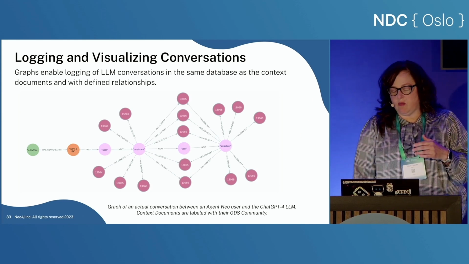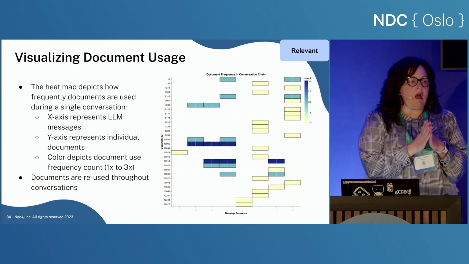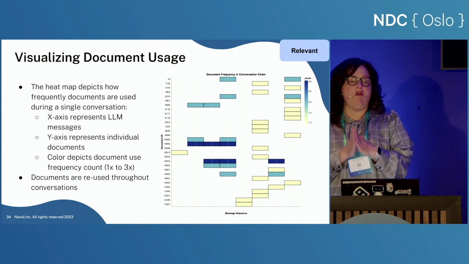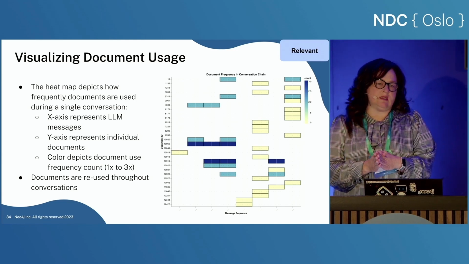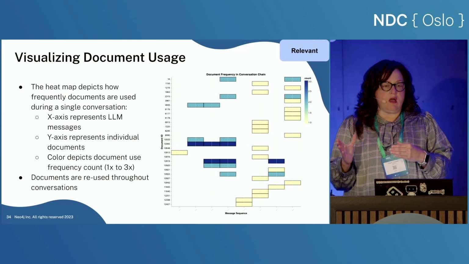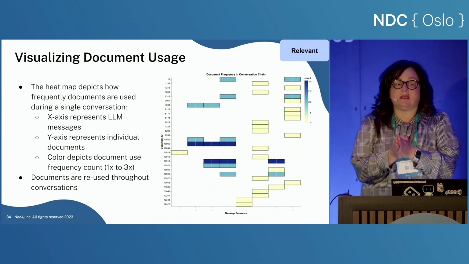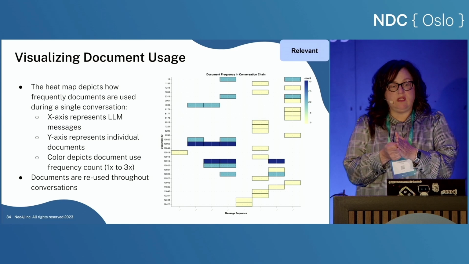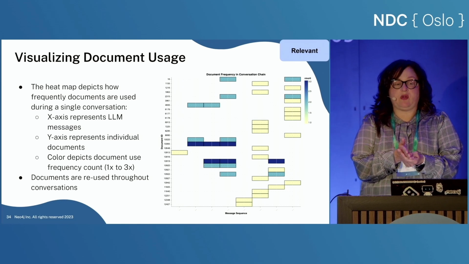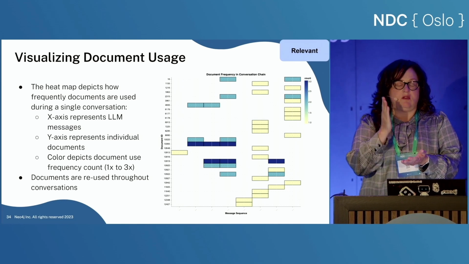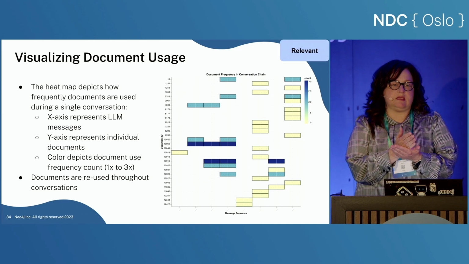In this case, though, we're looking at the actual context documents that were pulled in for each one of those responses. So while the overall context might be larger, the context documents being pulled in from the database for that particular answer are going to be on a per prompt basis, right?